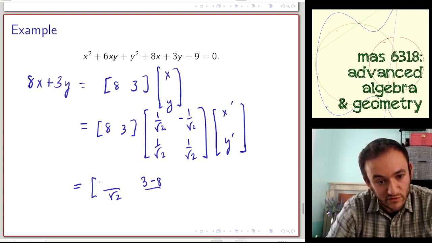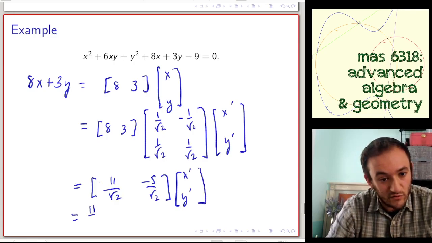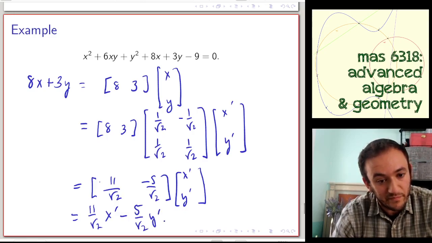So that's 11 over square root of 2, and minus 5 over the square root of 2, times x prime, y prime, which gives us 11 over root 2 x prime minus 5 over root 2 y prime.